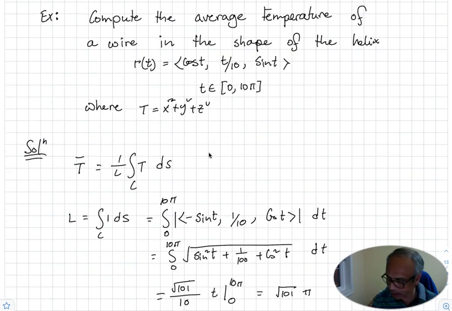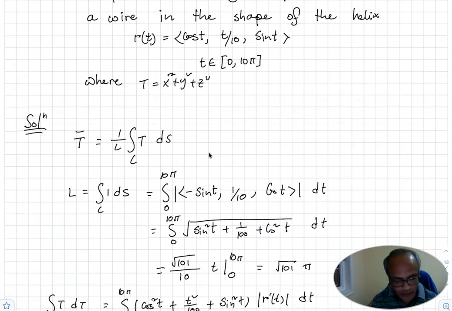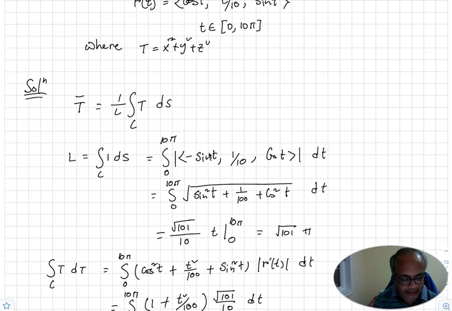X square plus, okay, so I have a little typo here. Let me, just to make the integration easy, go back and change the temperature.